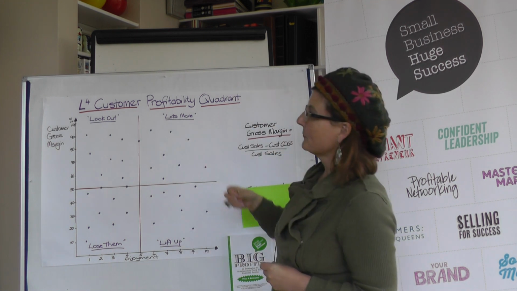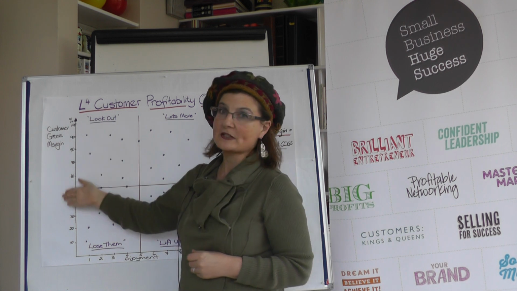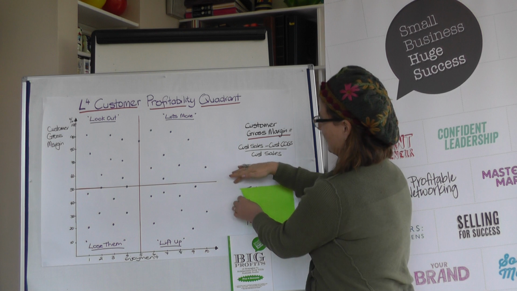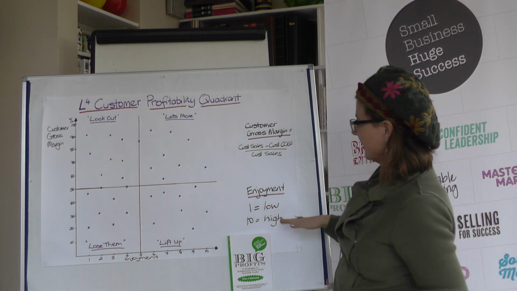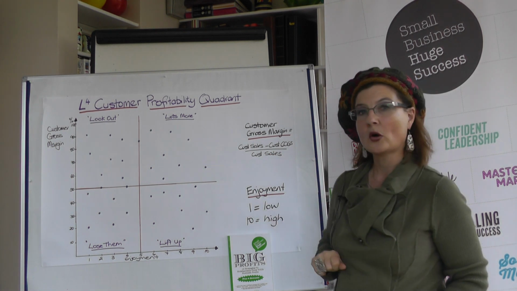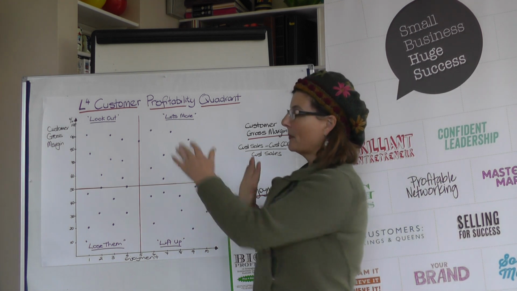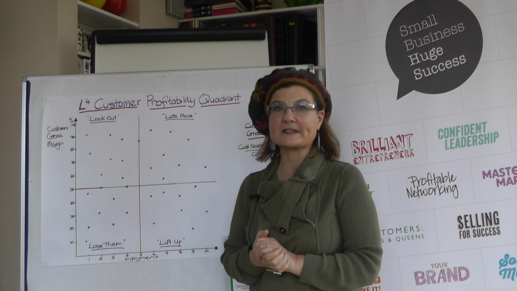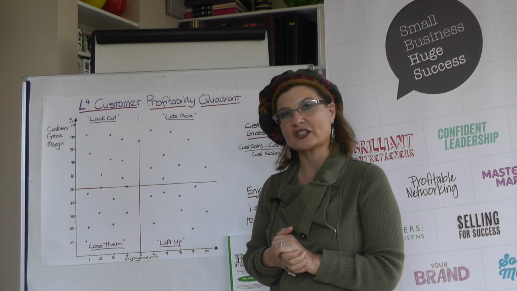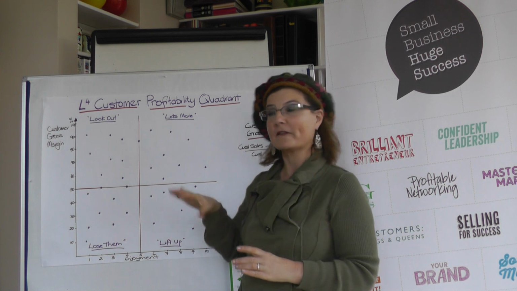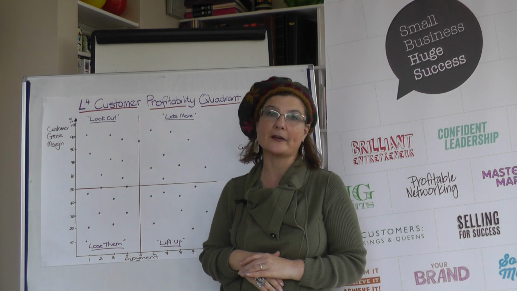So in summary, you've got customer gross margin that you need to work out. You have customer enjoyment, which is a factor of 1 to 10, 1 being low enjoyment and 10 being high enjoyment. Plot it up, see where your customers fit, and take action. Do more to understand the dynamics of your customers, and hopefully to get more of them into this quadrant here.